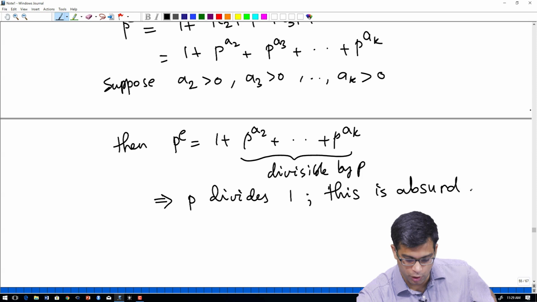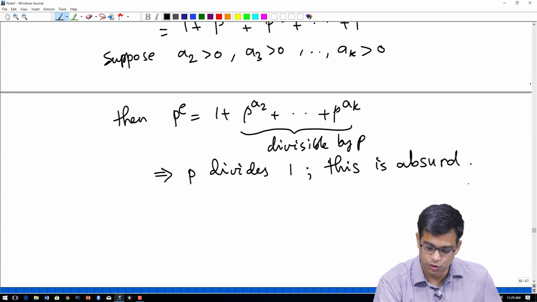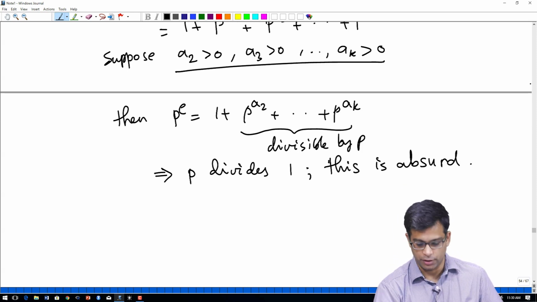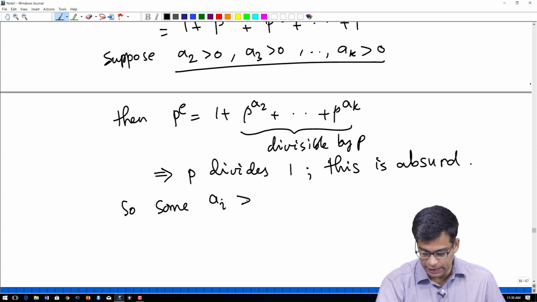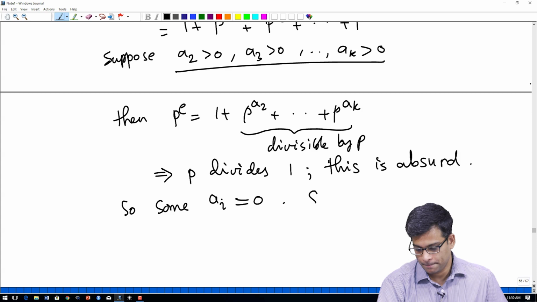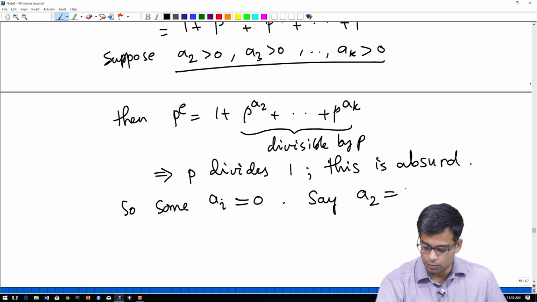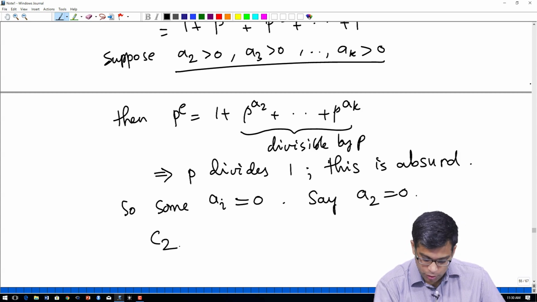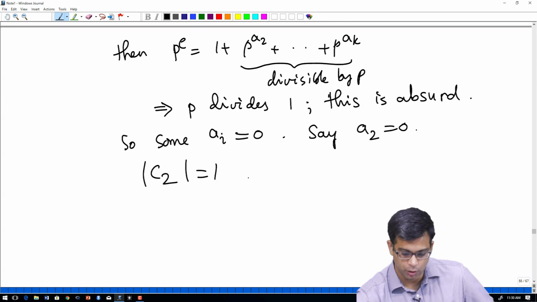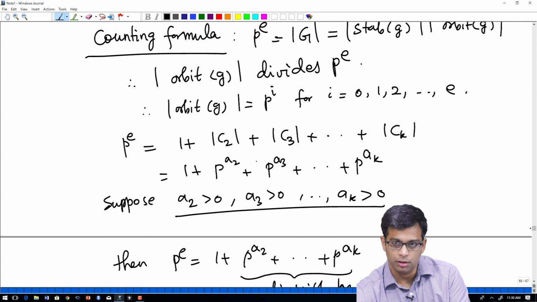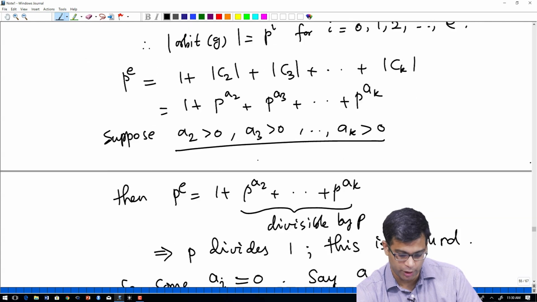But where did we go wrong? We went wrong in assuming that all the ai's are positive. So, some ai is equal to 0. So, say a2 is 0, that means what? Remember the order of C2 is p power a2, and a2 is 0.